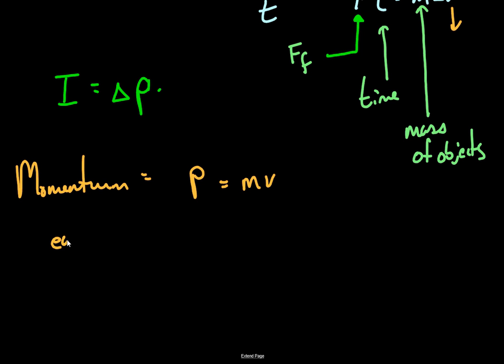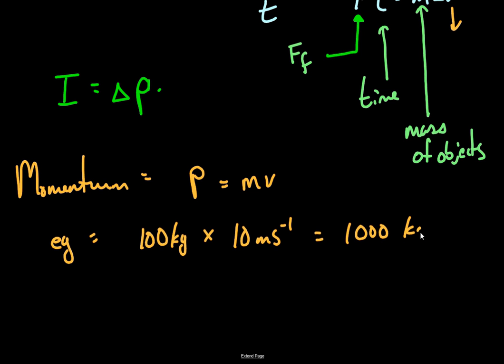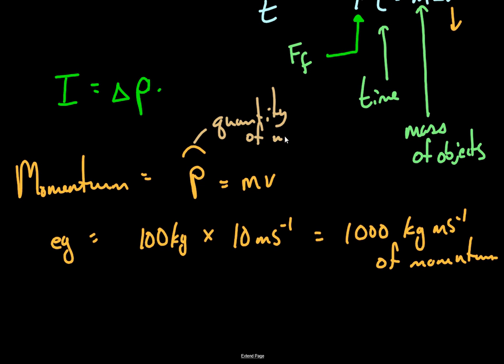So for example, a 100 kilogram object moving at 10 meters per second has 1,000 kilogram meters per second of momentum. So Newton referred to momentum as the quantity of motion.